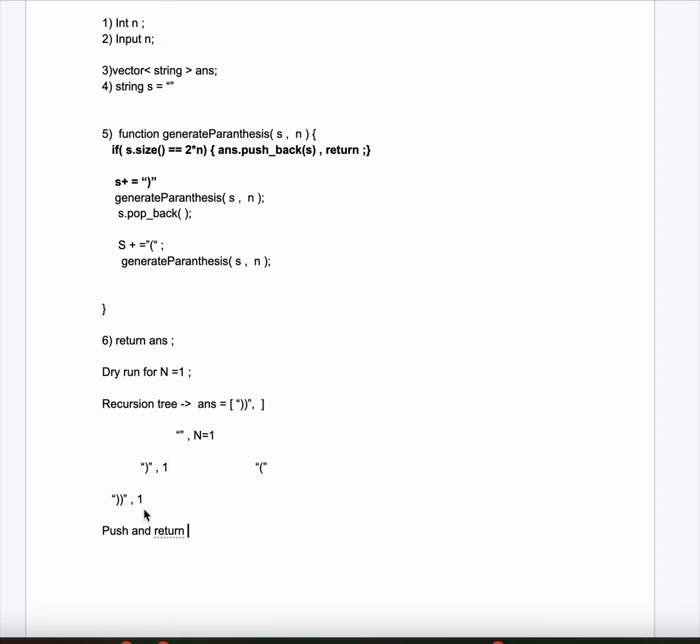Now it will go here, pop this one, and push the opening one, and n will be 1. Generate parenthesis will be called for this. It will again check size 2 equals string size, then we push this answer and return, and likewise it will go for all the answers.